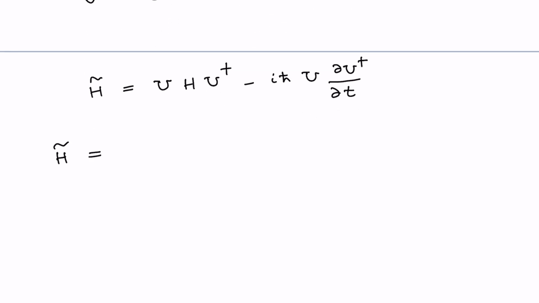H tilde is going to be equal to minus ħ Z times a dagger b e to the power i (delta minus omega m) t.